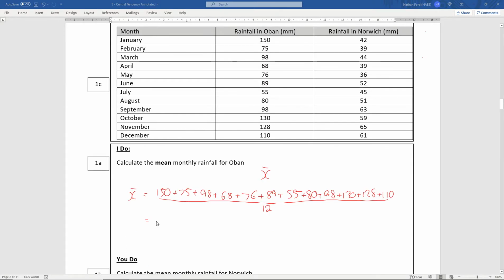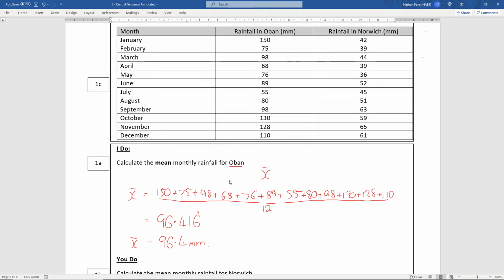So all you do is type that into the calculator. I get 96.416 recurring, so we could just leave that as 96.4 millimeters. That is our mean monthly rainfall for Oban.